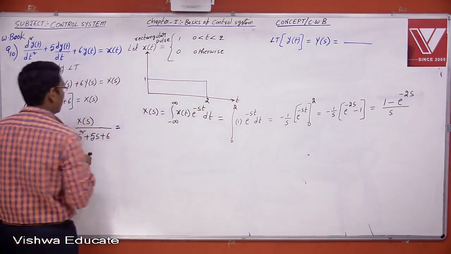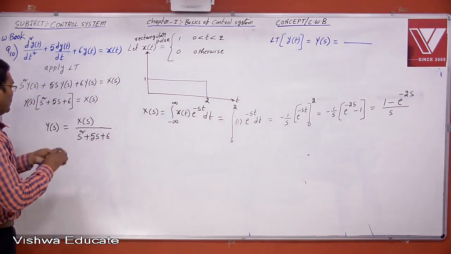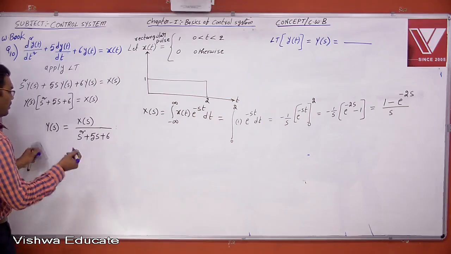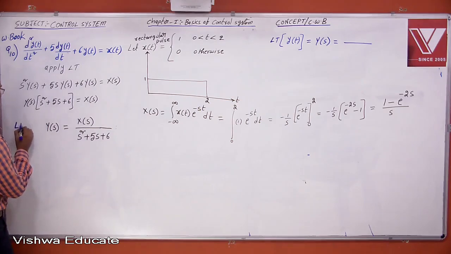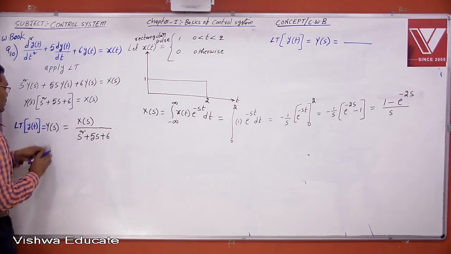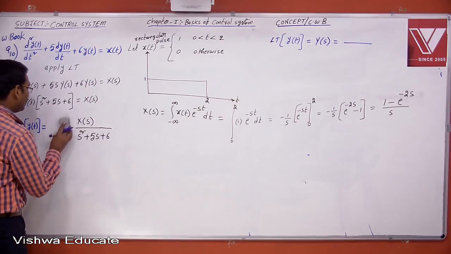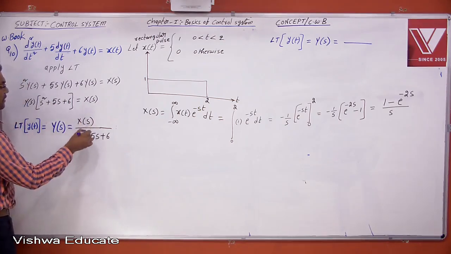Then what is our question finally? Laplace transformation of y of t is y of s, which is nothing but x of s by s square.